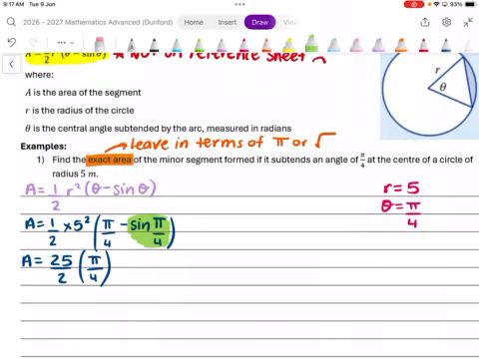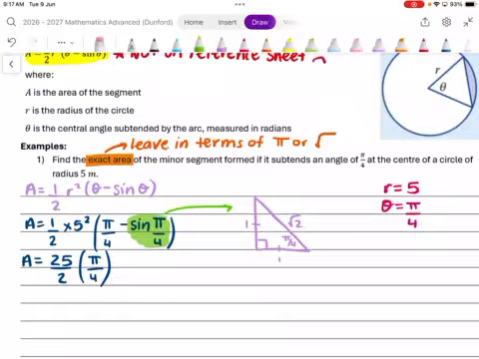So our sine pi on 4, we can use on our reference sheet. We have our triangle for pi on 4. Our pi on 4 is our isosceles triangle with a hypotenuse of root 2, but that is on our reference sheet, so we don't have to draw it.